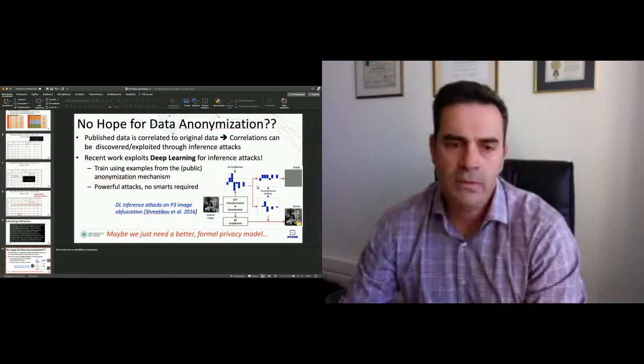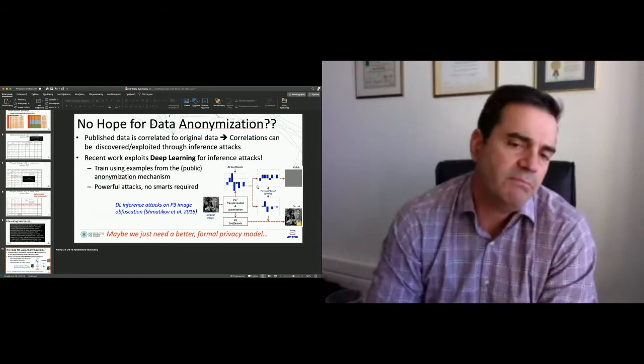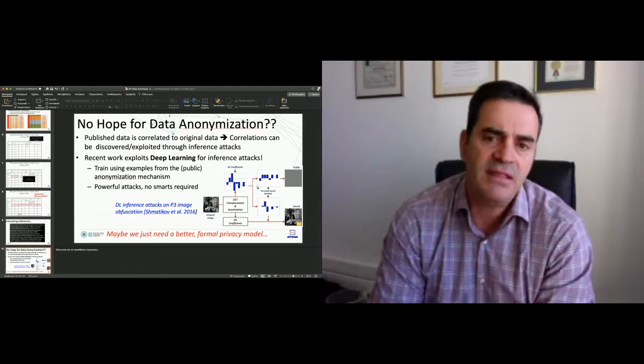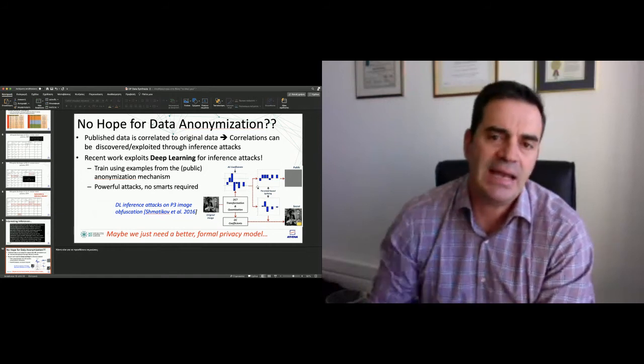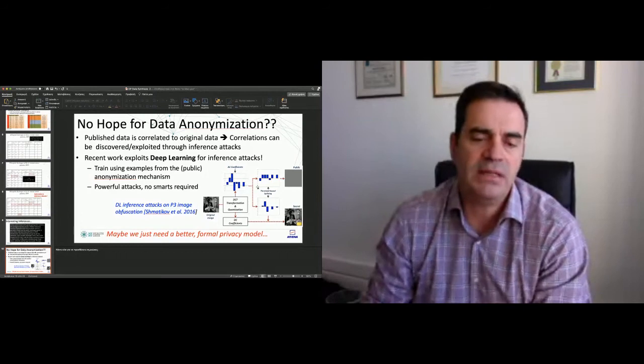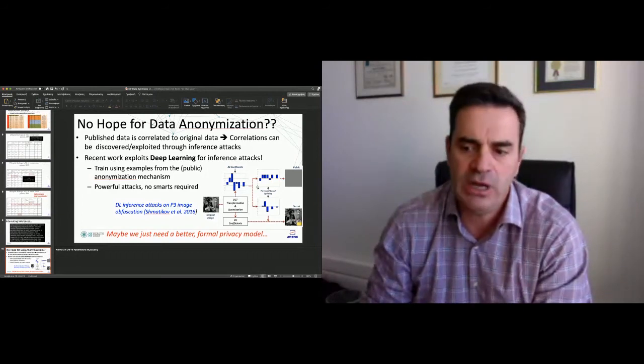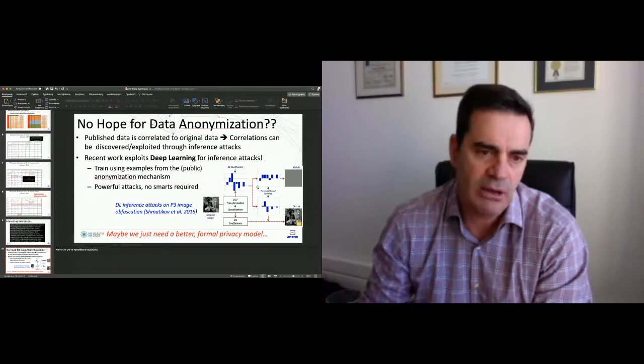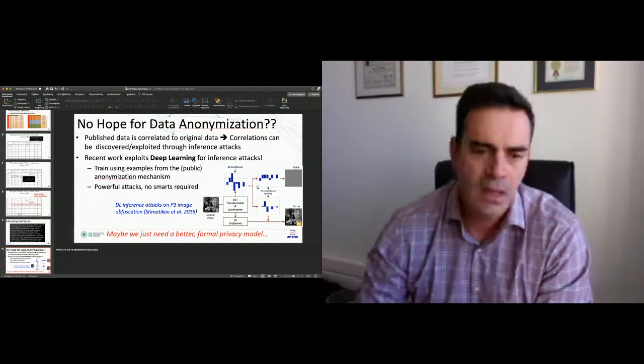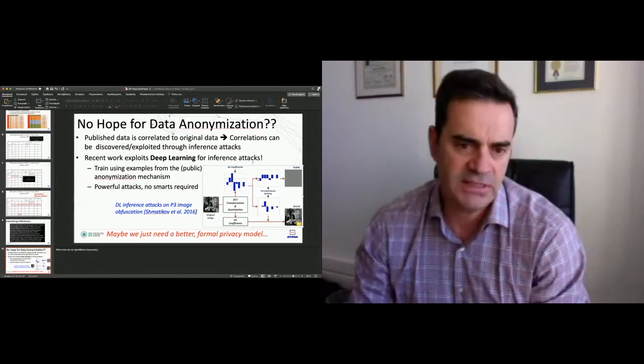Okay, so essentially, this says that maybe de-identification and data anonymization is not exactly the right model, right? Maybe we need a better, more formal privacy model where we can actually reason about things in a mathematical way. And this is exactly what differential privacy gives us, right?